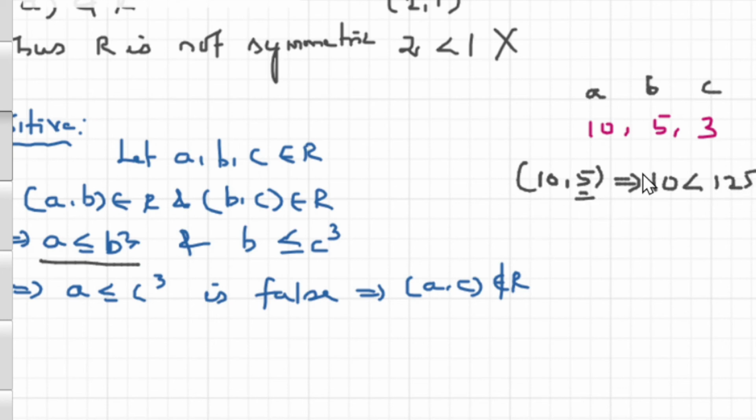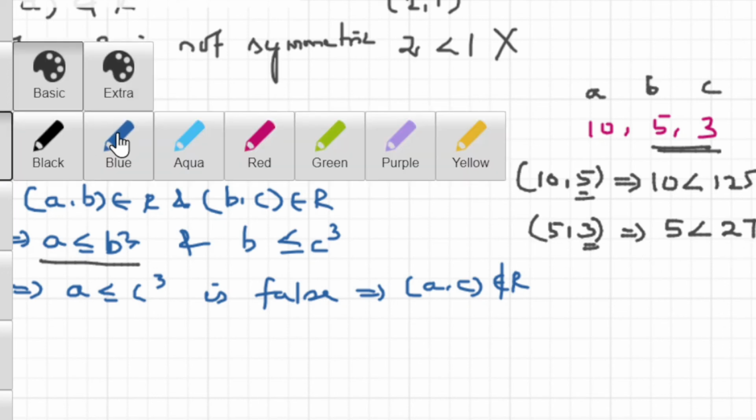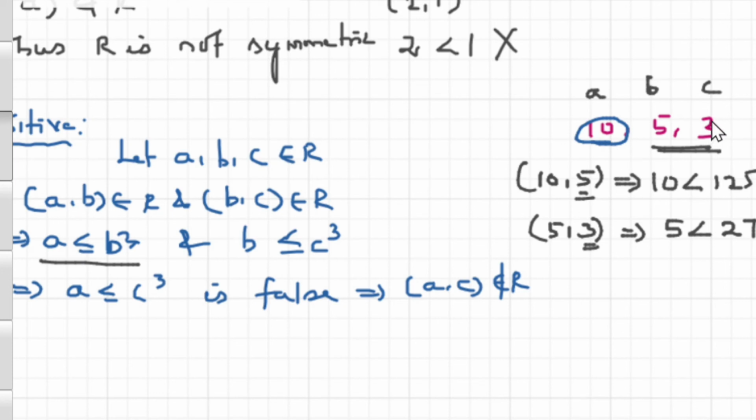This is true. Then we compare 5 comma 3, and 5 is less than the cube of 3, which is 27. That is also true.